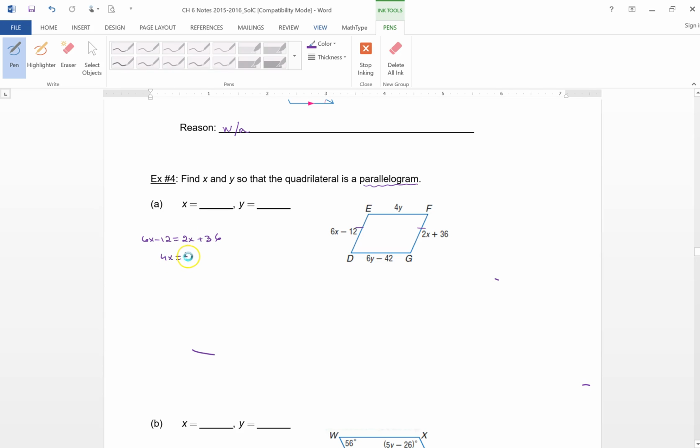So 4x equals 48. X is equal to 12. Similarly, I have 4y equal to 6y minus 42. Negative 2y equals negative 42. Y is 21.